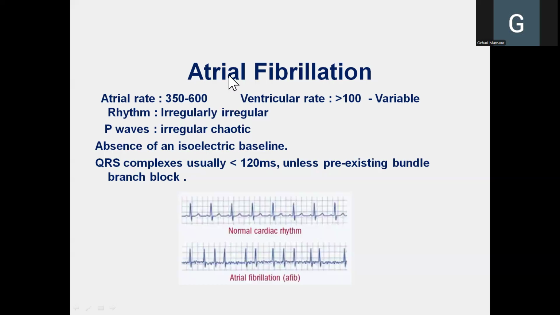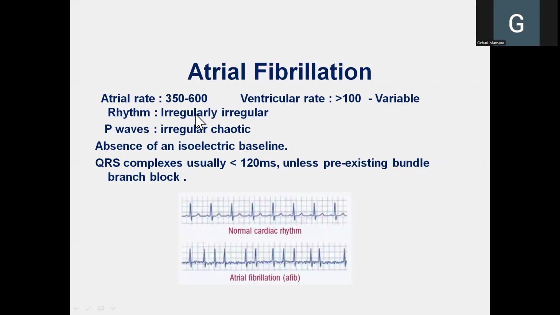But the main problem with atrial fibrillation is not only the very rapid rate of the new ectopic pacemaker, but it is the irregularity of firing an electric impulse. So the rate is irregular, is very variable.